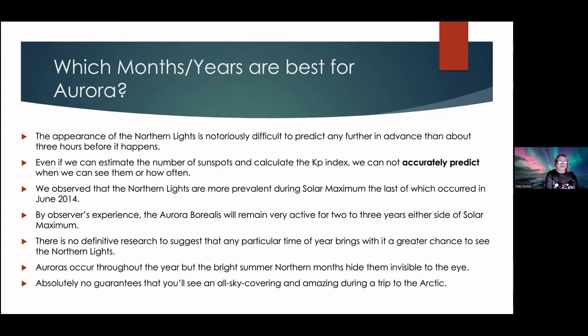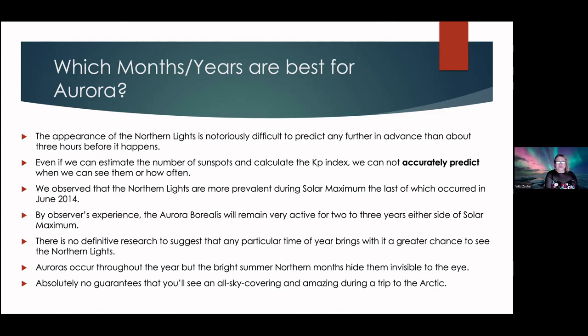Of course, when we see more sunspots, when there is solar maximum, as you remember the curve of the solar cycle, the maximum where more sunspots occur, you can see more auroras.